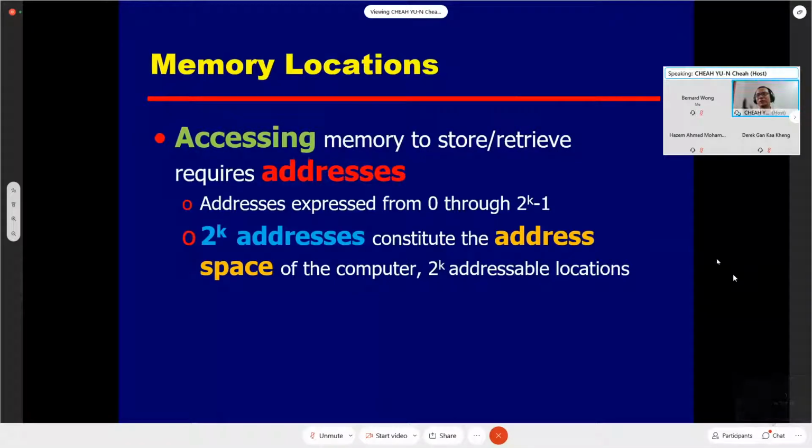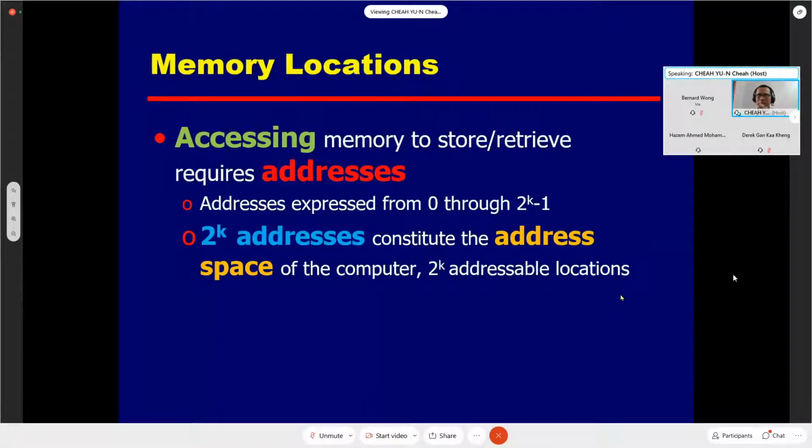If you're only limited to an 8-bit address, that means you only have 256 locations, which is very sad, isn't it? I'm sure your hard disk or your RAM has more than 256 locations. So don't think that the address only has 8 bits.